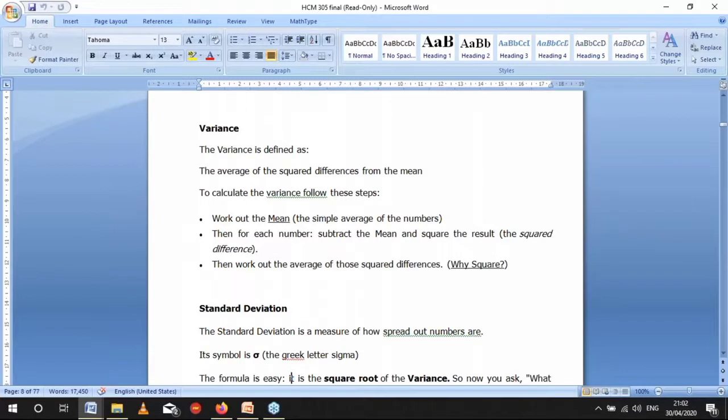Now, I can even ask a question this way, as concerning variance and standard deviation. I can say if your variance is 9, what will be your standard deviation? Or I can say if your standard deviation is 9, what will be your variance? In such questions, you already know that variance is standard deviation squared, and your standard deviation is the square root of variance.